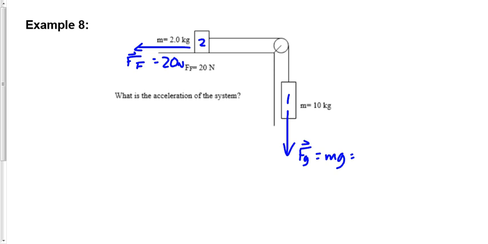It's the 10 that's being pulled on by gravity that causes this system to move, right? Gravity is pulling down on the 2 kilogram as well, but in the end, the gravity pulling down on the 2 kilogram has a normal force that cancels it. This one doesn't have a normal force that cancels it. So the only mass that matters here is my 10 kilograms times 9.81. That gives me 98.1 newtons.